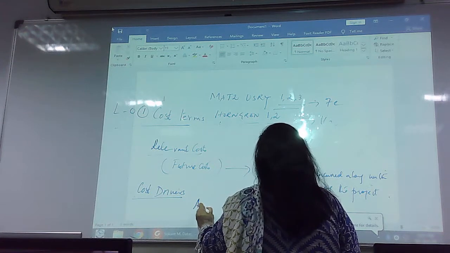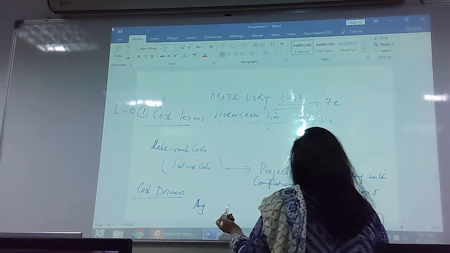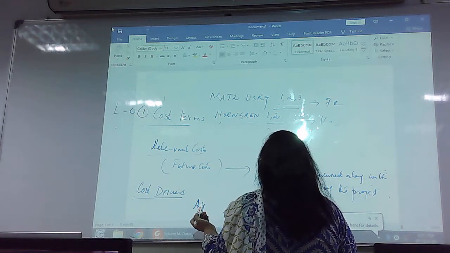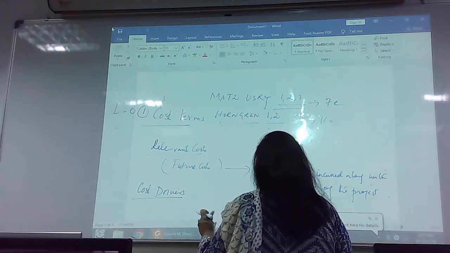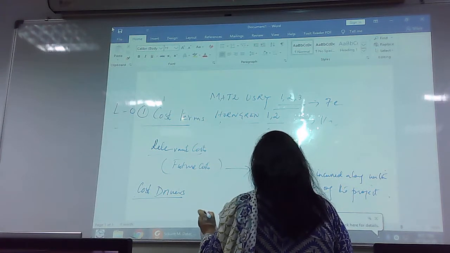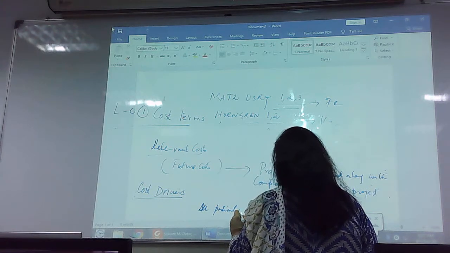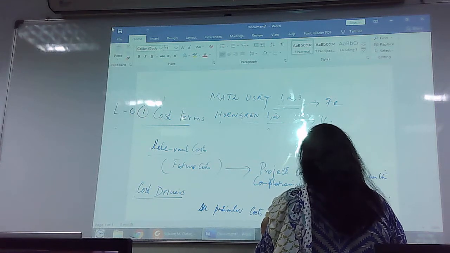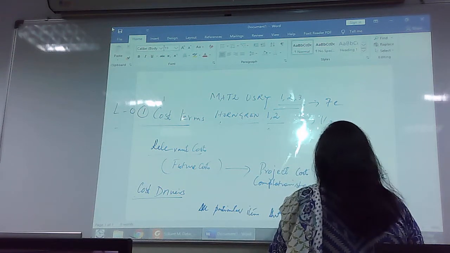So you can say that cost drivers are basically all particular costs or items that move up the cost.